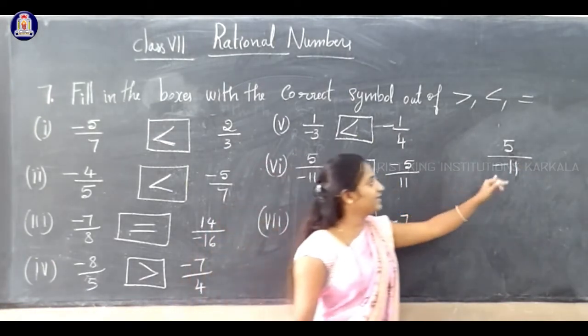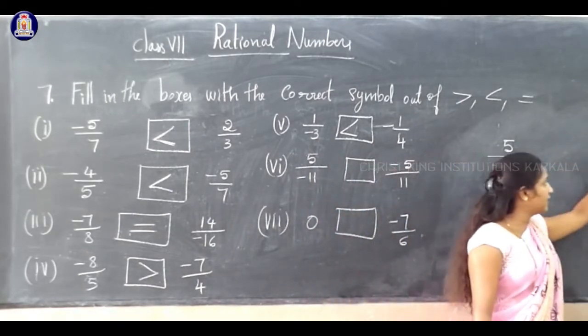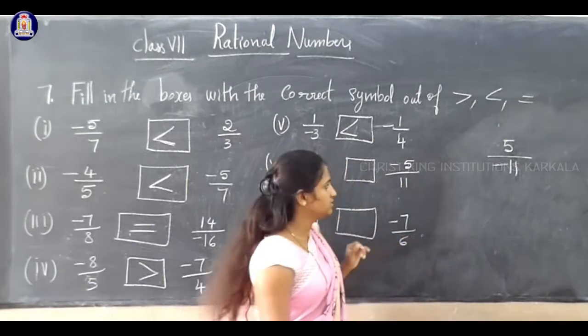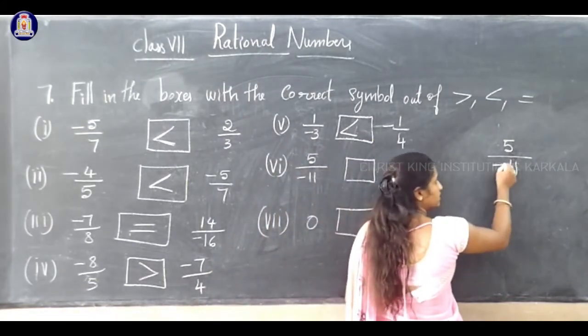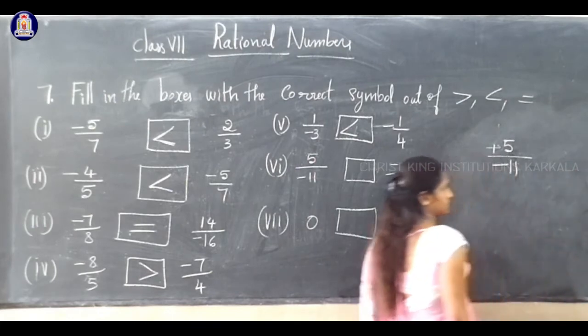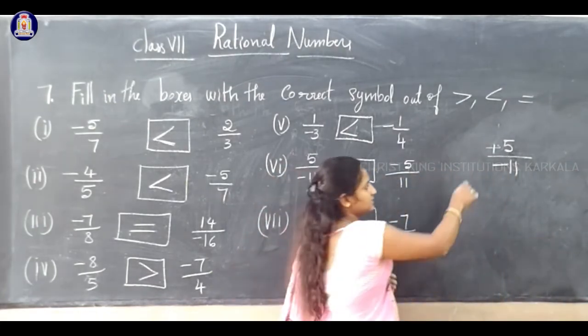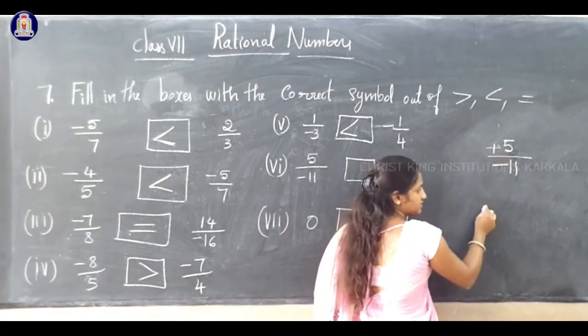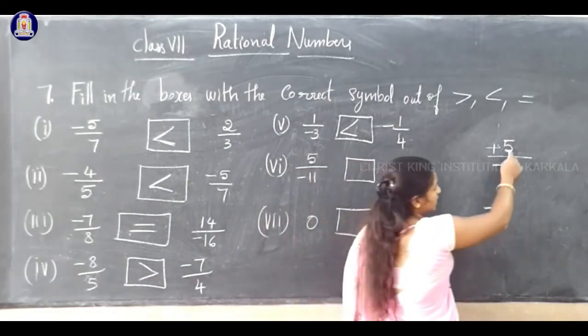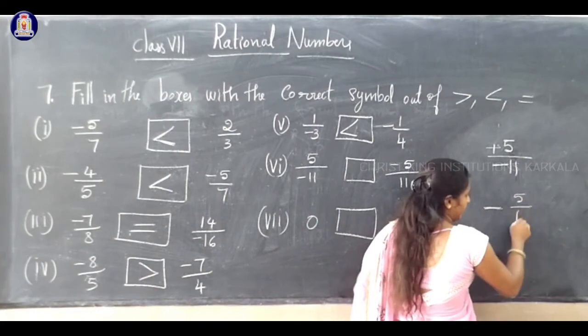The sign in the denominator is negative and the sign in the numerator is negative. So what we have to do? Just apply the rule. Here the sign is plus minus, minus plus. So plus, minus, minus. Is it correct? Yes, minus, and the number is 5 by 11.